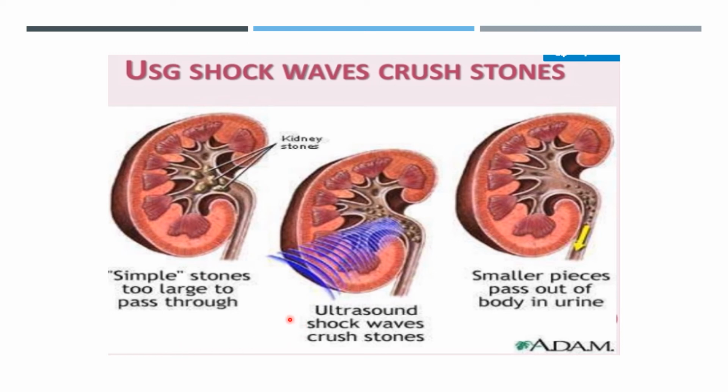For this we use the ultrasound shock waves that crush the stones inside the kidney, and smaller pieces will then pass out of the body in the urine. In this way this technology helps us break the stones into smaller pieces so that they can easily pass out of the body in the urine.